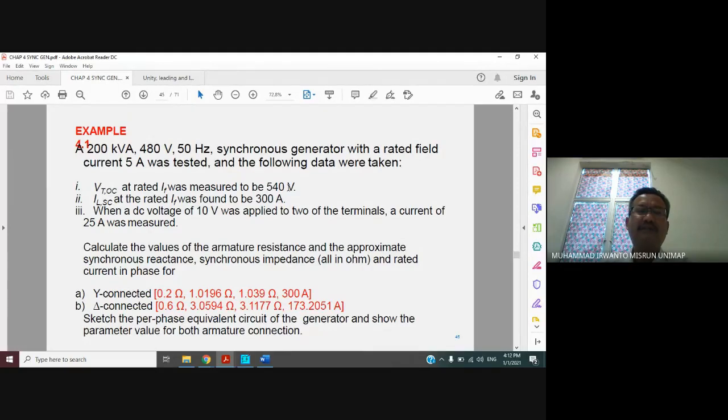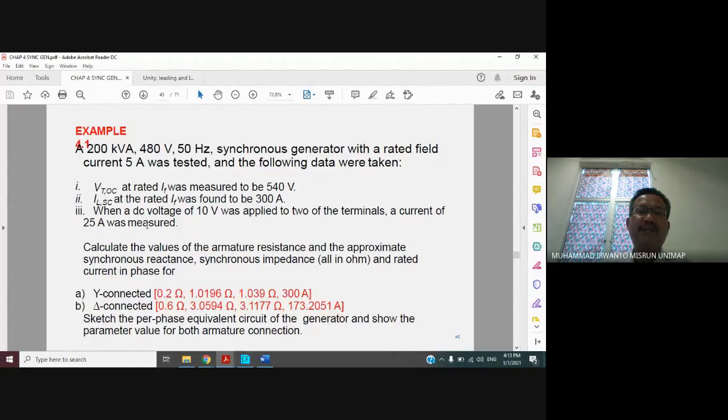Meaning when the synchronous generator is in the open circuit test, the terminal voltage or phase voltage obtained is 540 volt. And then when the short circuit condition is done, we have the value of the line current, or IA, is 300 ampere. When a DC voltage source of 10 volt was applied to the terminals, a current of 25 ampere was measured.